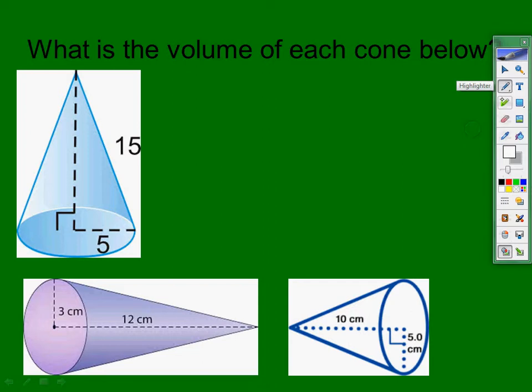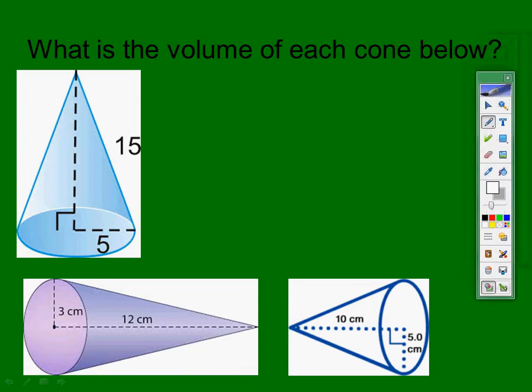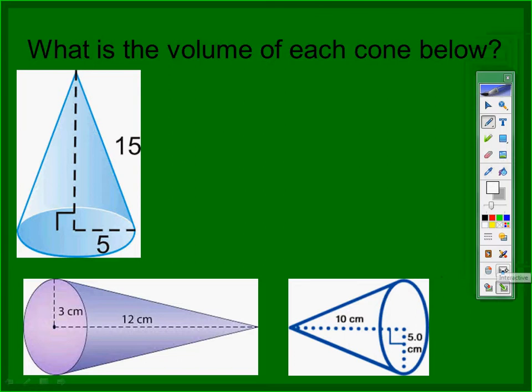What is the volume of each of the cones below? If we look at these cones, 3 different examples. The first example, if I were looking at this as an actual cylinder, we'd have a radius of 5 and a height of 15.